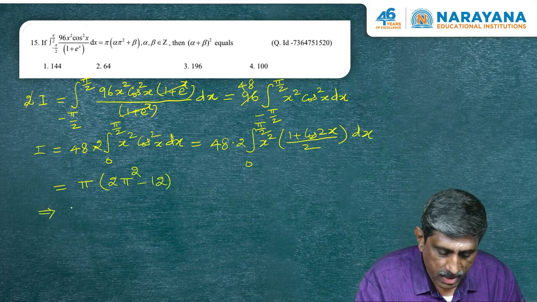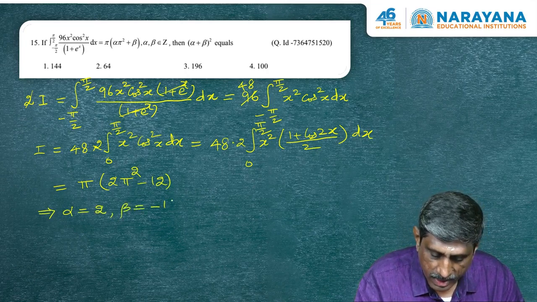So, we are going to get alpha is equal to 2 and beta is equal to minus 12.